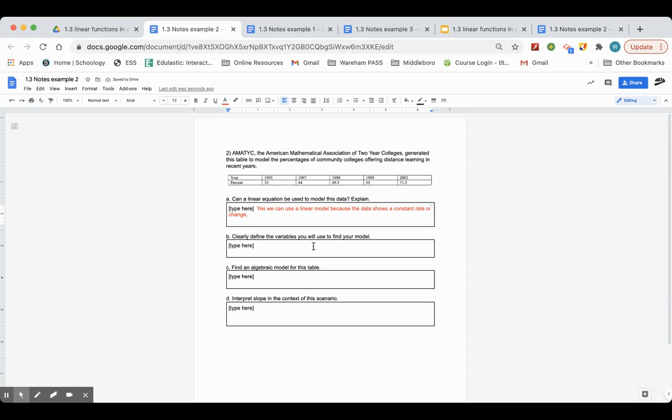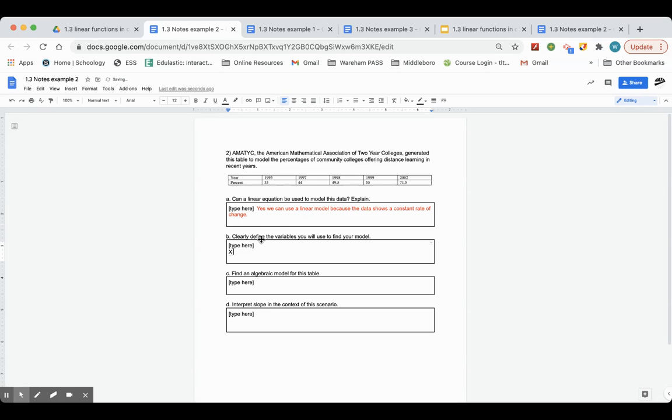To clearly define our variables, the independent variable, the x variable, is the number of years, and the y variable is the percent of community colleges offering distance learning in recent years.